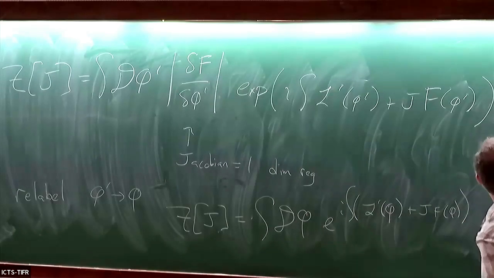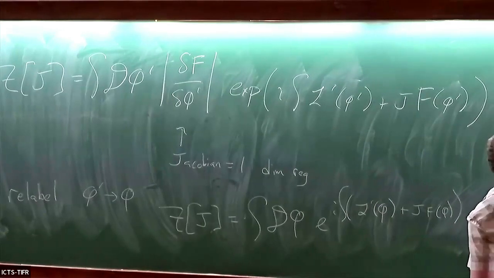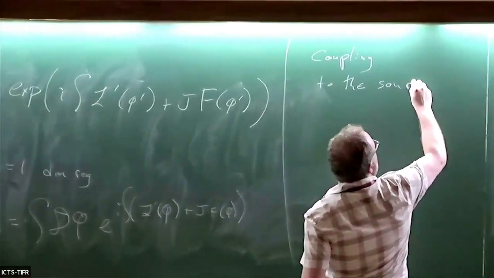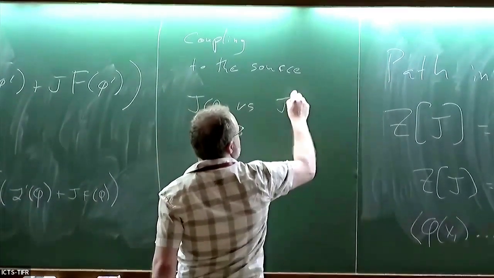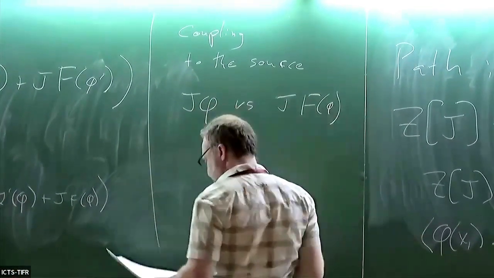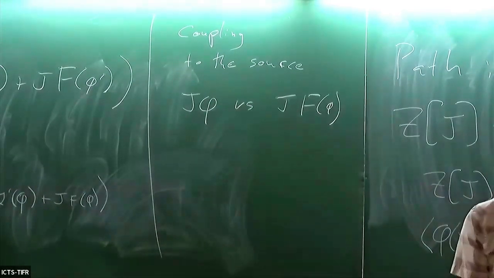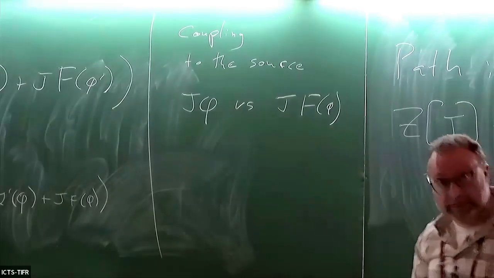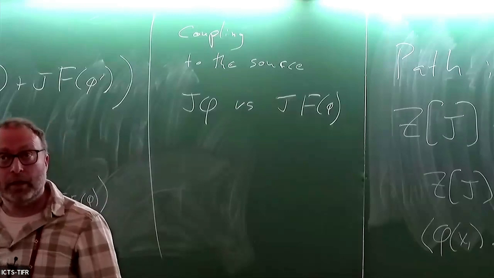So we have coupling to the source, J phi versus J times f of phi. Okay, so that seems like a pretty big difference. And in fact, it leads to the differences in the correlators, as I said it would.